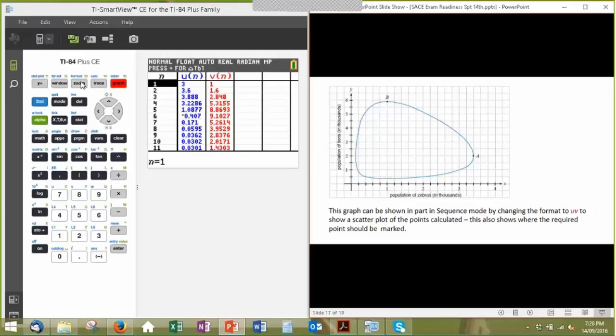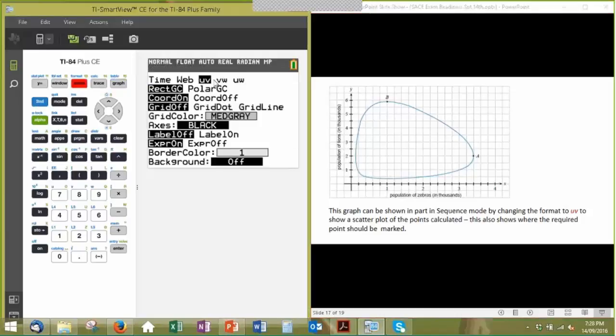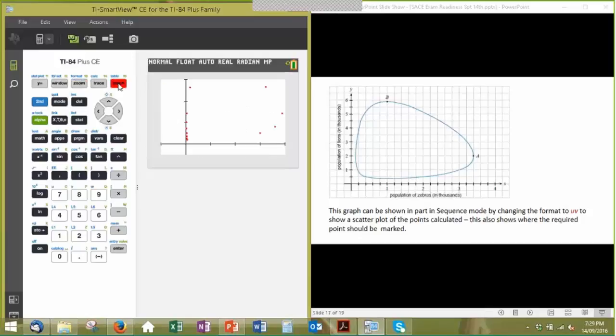So it's rather nice that if you look at format, you can actually go into the UV mode, which I've put it into already, and you can actually plot a heap of points in UV mode because my variables are U and V rather than X and Y. And if I graph that, a series of points actually pops up.